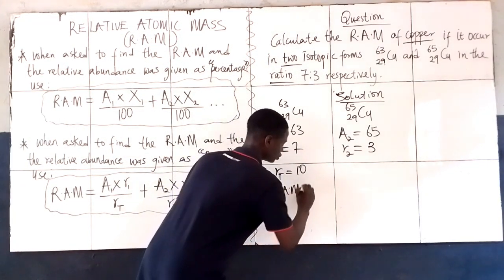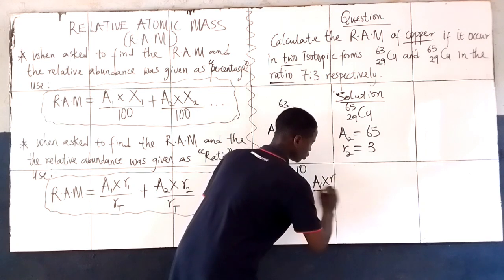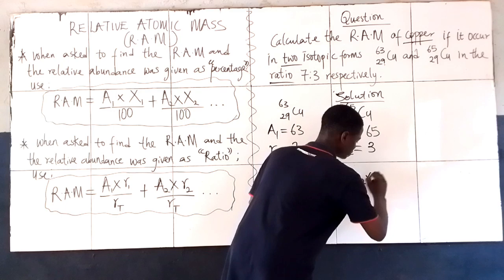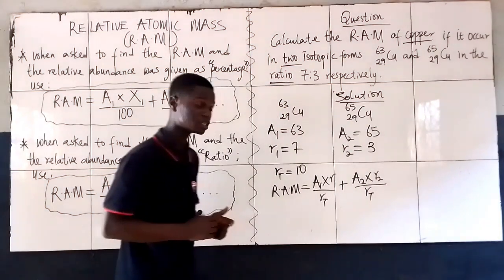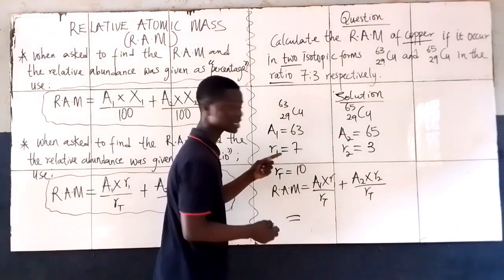Yes, we can. So let's do that together. A1 times R1 over R-total plus A2 times R2 over R-total. This is the formula we'll be sticking to during the course of our survey. So just simply input the values as they appear.